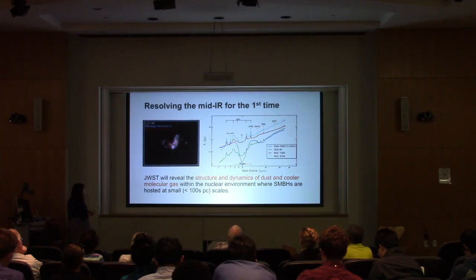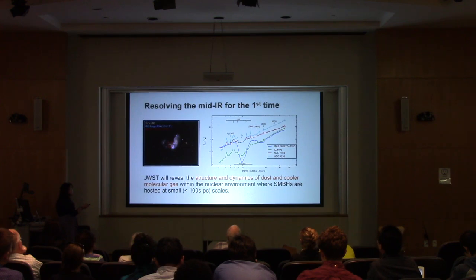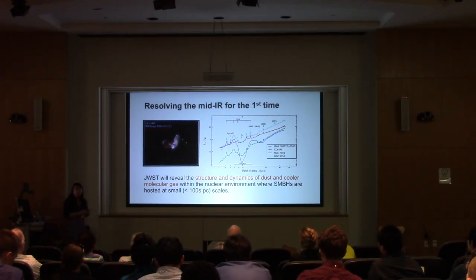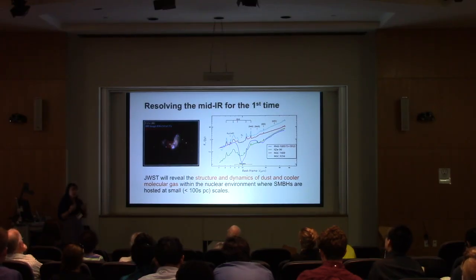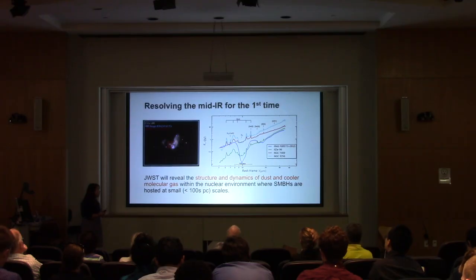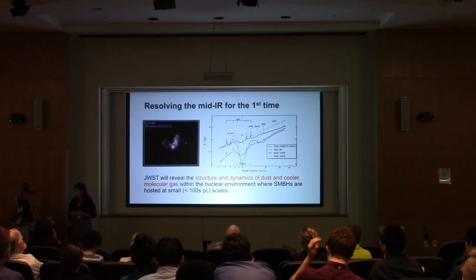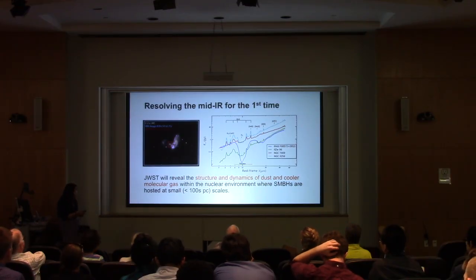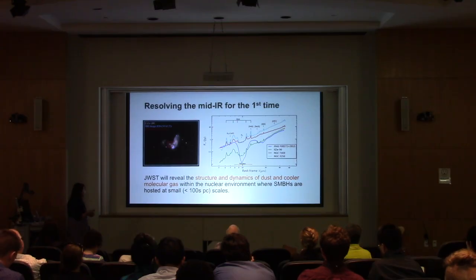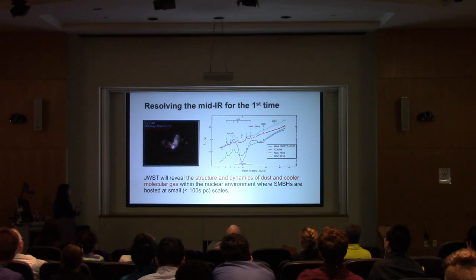JWST, or MIRI in particular, is going to be able to piece apart what actually contributed to the various PAH features or neon lines within this field of view of the galaxy, so that we can see for the first time the structure and dynamics of the dust, and also the cooler molecular gas, compared to what we were looking at with Keck in the nuclear environment at these small scales.